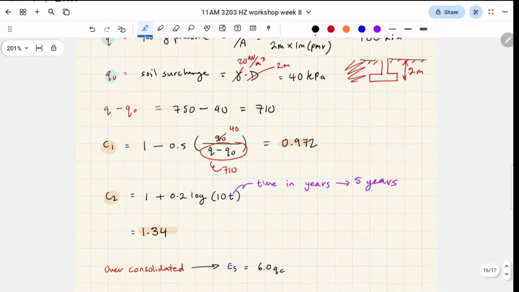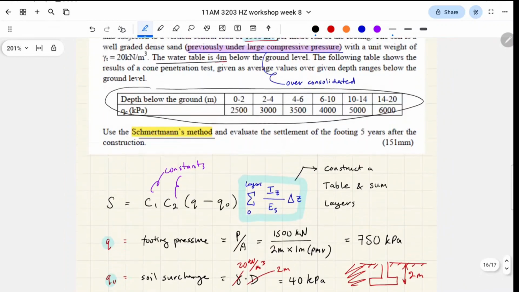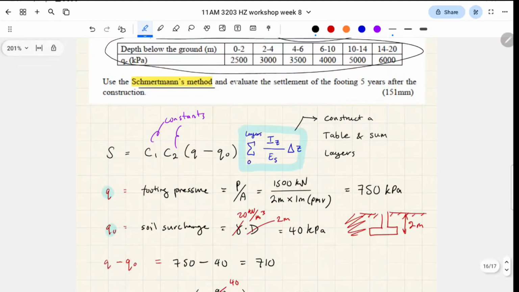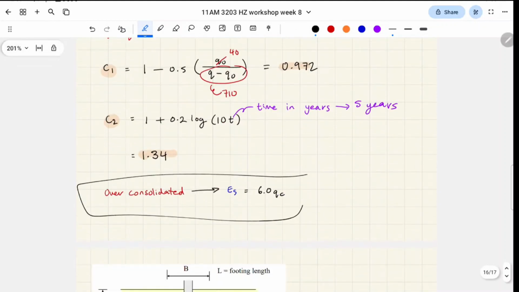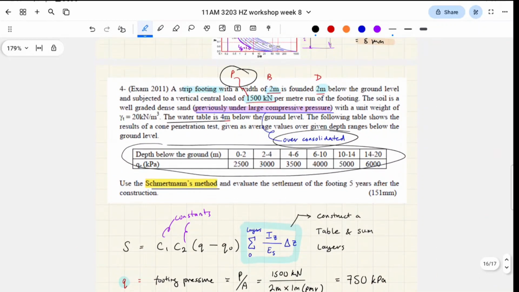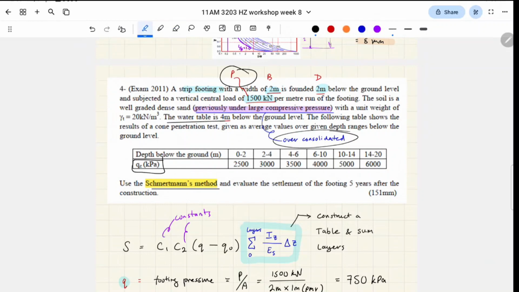Another thing to note down quickly is that because the wording of the question stated that the soil was over-consolidated, our soil's elastic modulus is going to be 6 times QC. QC is what we're given in the question, this row here, and it increases with depth.